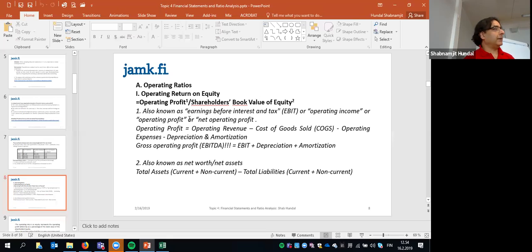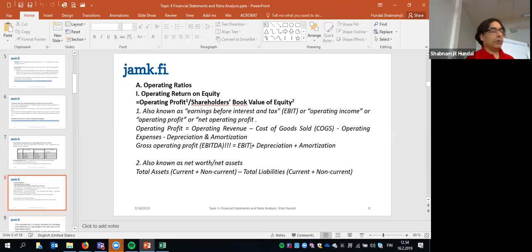The operating profit, I think I explained in detail yesterday with a small example what operating profit is. Operating profit can be called EBITDA or EBIT. I would say that EBITDA is a gross operating profit, so please go with the EBIT. EBIT is a net operating profit, right? Do you remember we discussed yesterday?